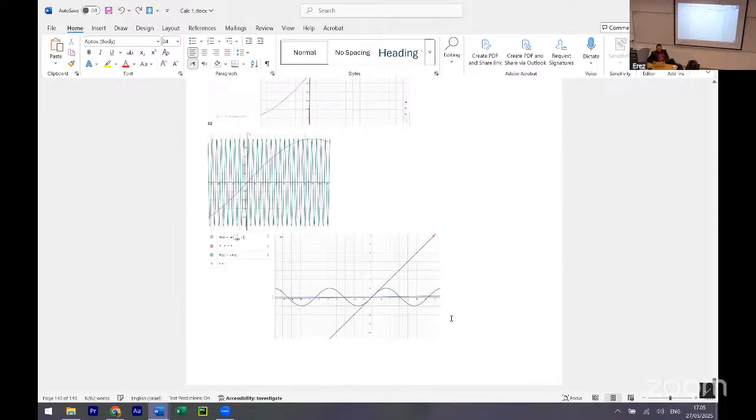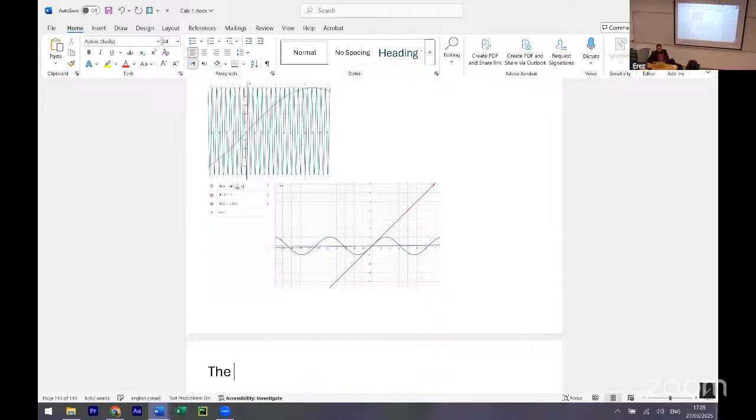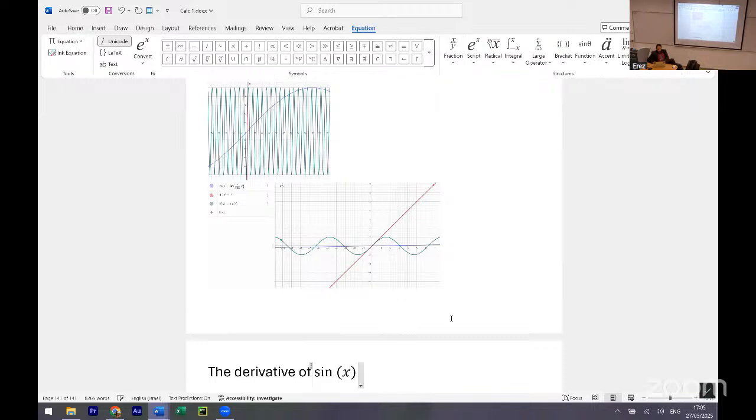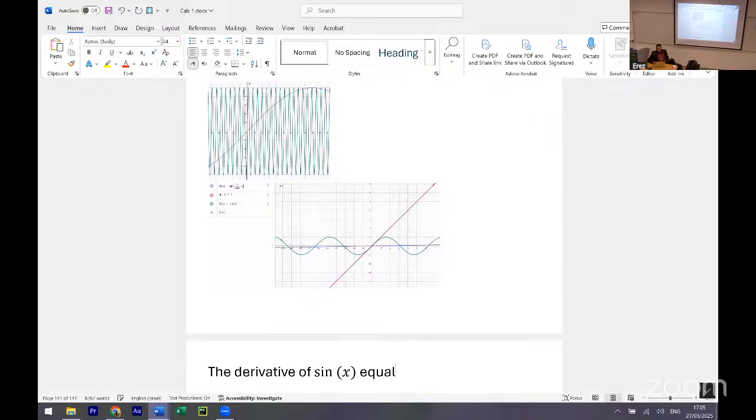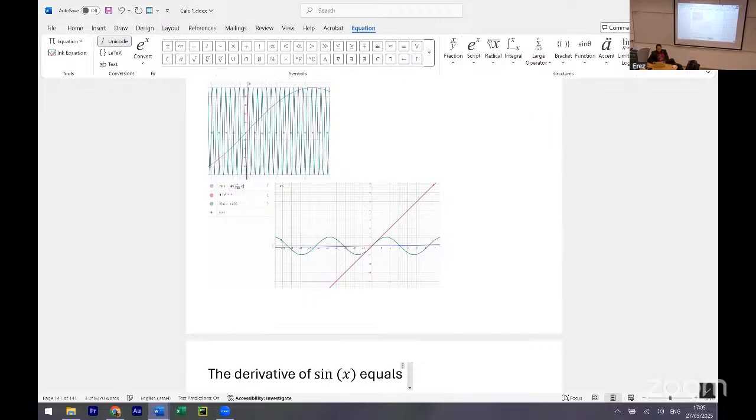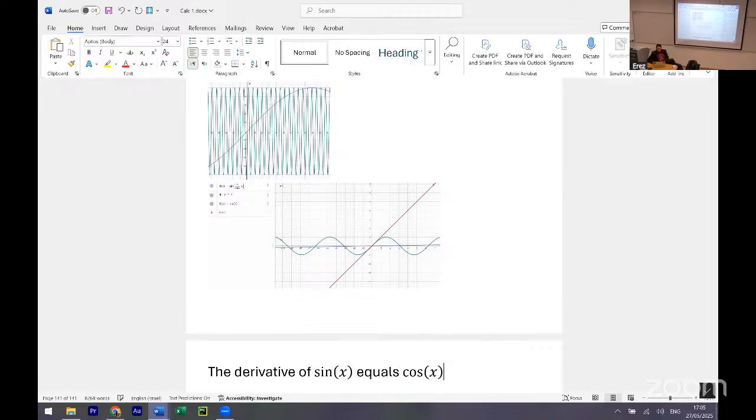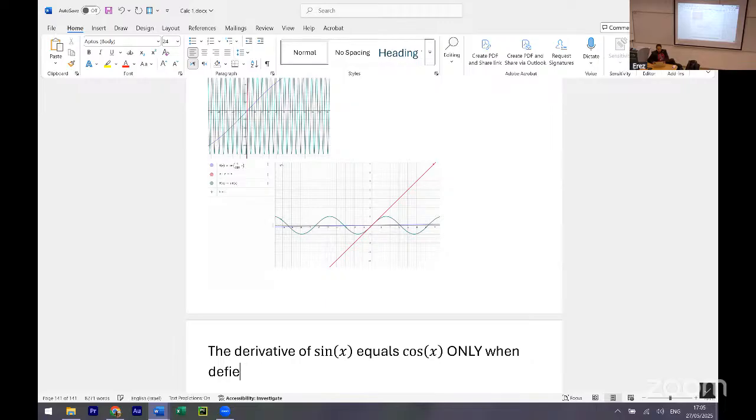But the point is, the derivative of sine of x equals cosine of x only when defined like we described, and that is called radians.